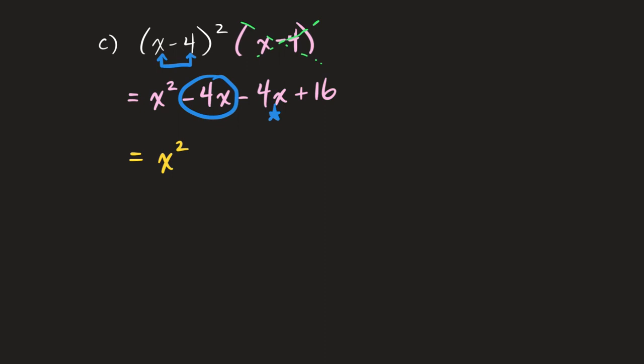So my shortcut is going to be: multiply the two inside terms together, following my blue arrows, and then double it. So multiply them together is a negative 4x, double it, negative 8x. And now I can finish off my pattern because I know I'm going to have to square the last term. I can see why I'm going to square it because I will have a negative 4 times a negative 4. And so when I square it, there is my positive 16.